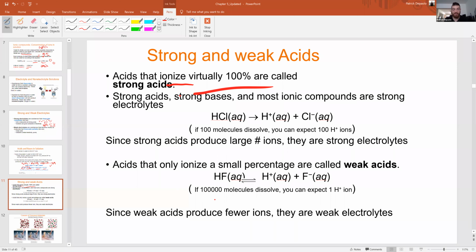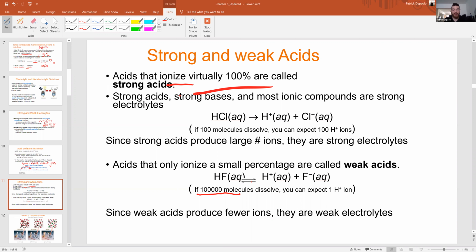If you have 100,000 molecules of HF, you can expect only one H plus ion. That's 1 out of 100,000. I said 1% before, but it's not even 1%. It's 0.001% or whatever that is. So that's crazy.